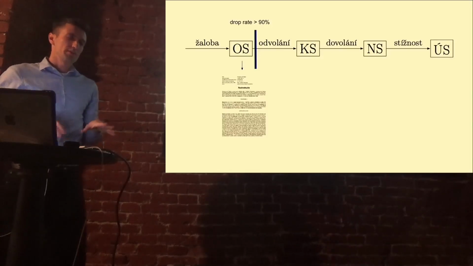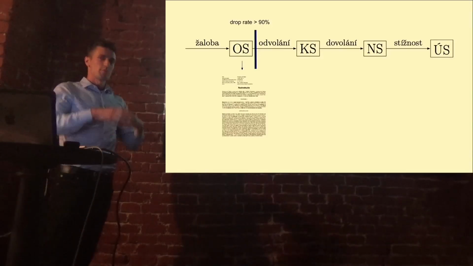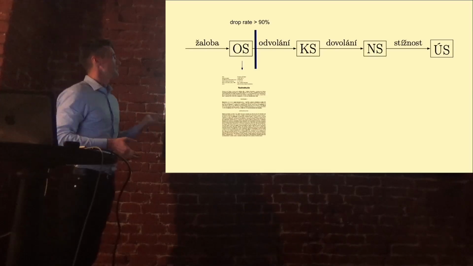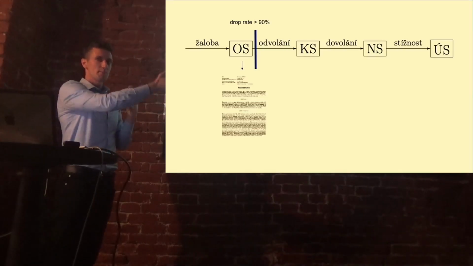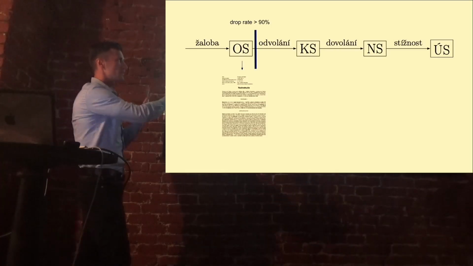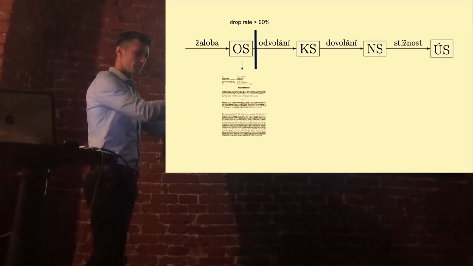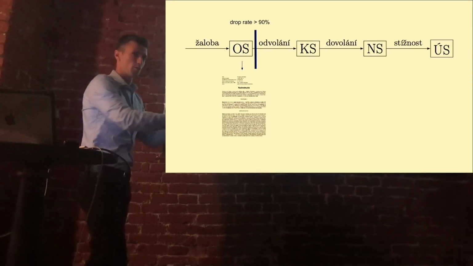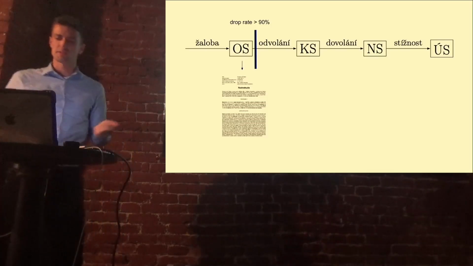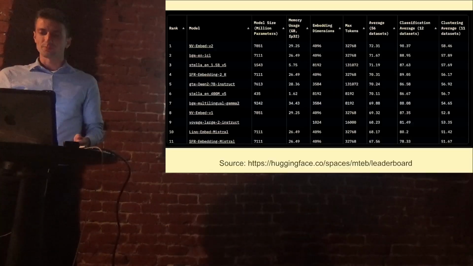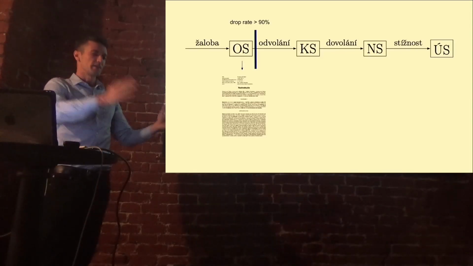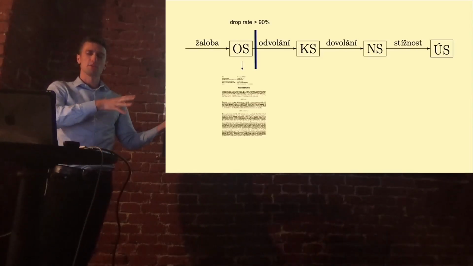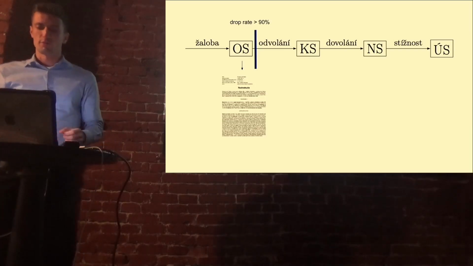What's interesting about the data is that even though I had 4 million documents, 90% was the drop rate. So basically only 10% of the rulings were taken to the appeal, to the second court authority to decide if it is correct. That's limiting the space from 4 million documents to just 400,000.